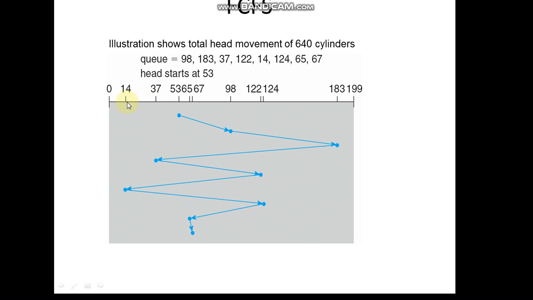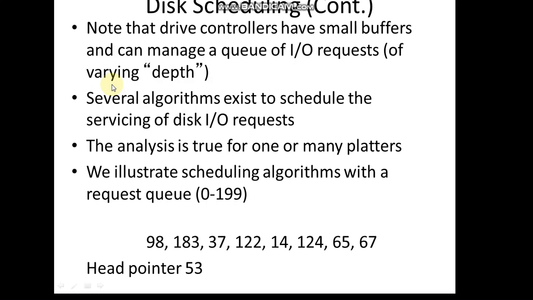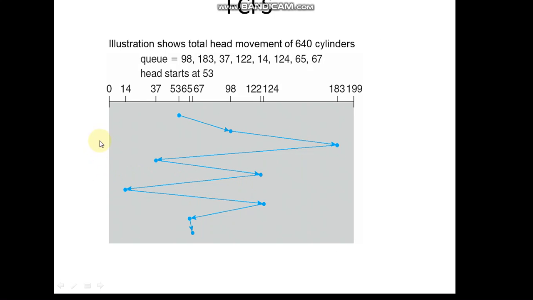The way to draw this chart is to take the scale with values between 0 to 199, since the request queue has values between 0 and 199, and mark all these values on the scale in order, right?